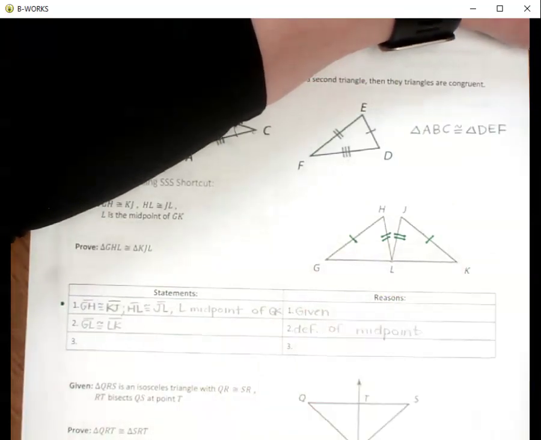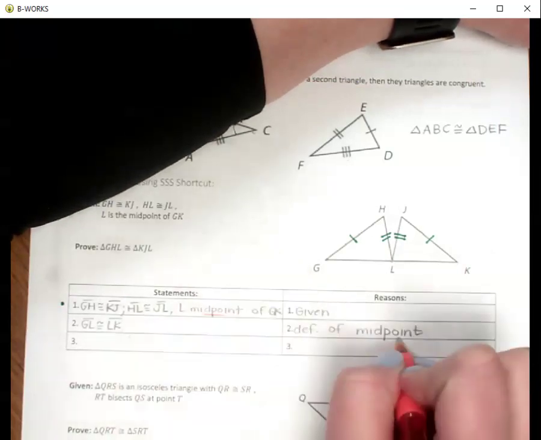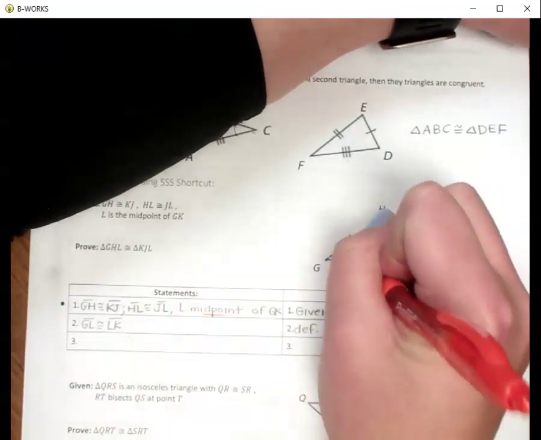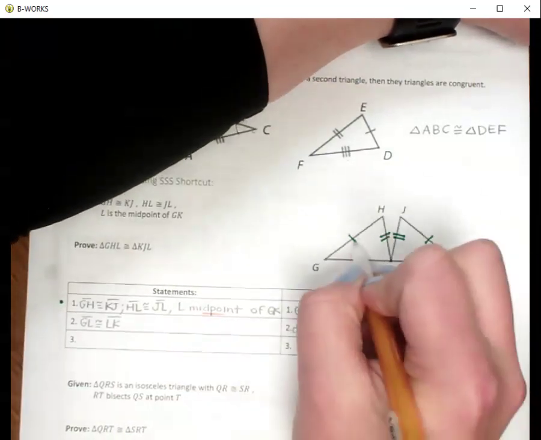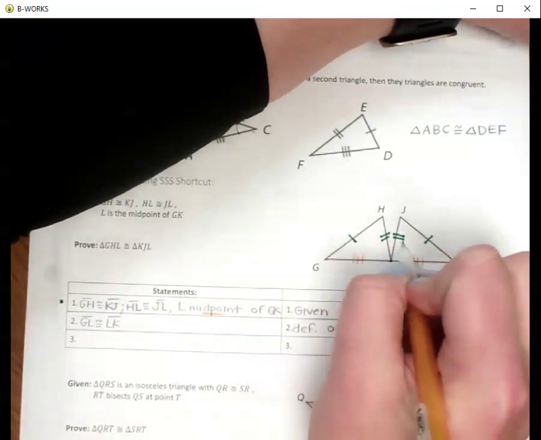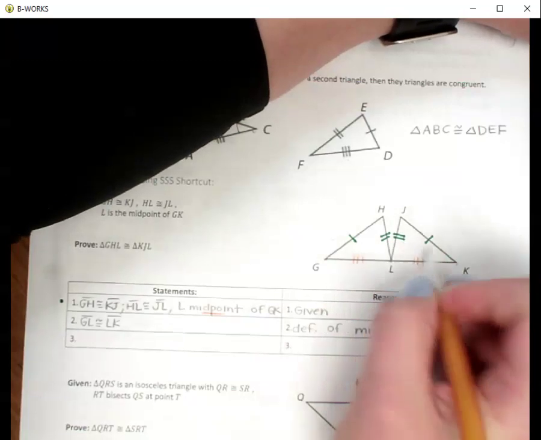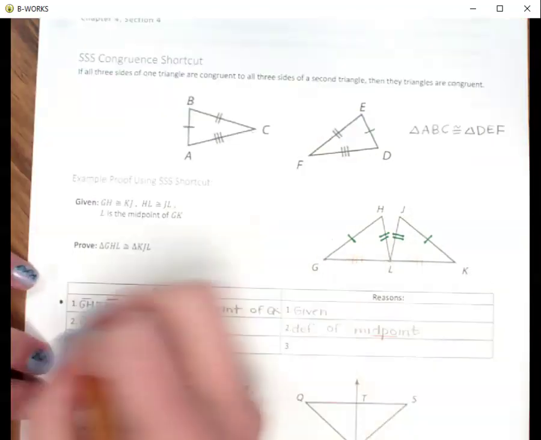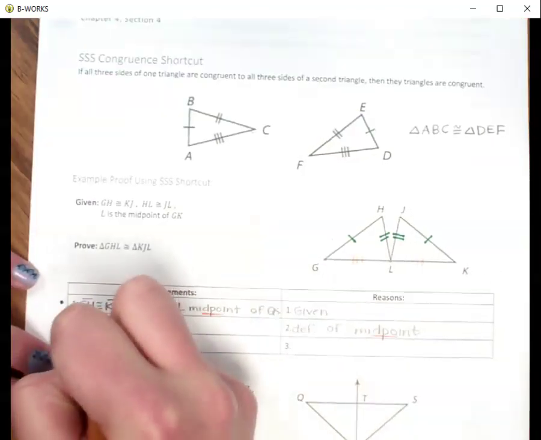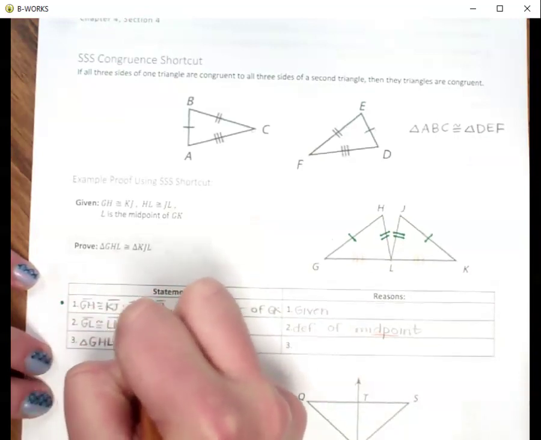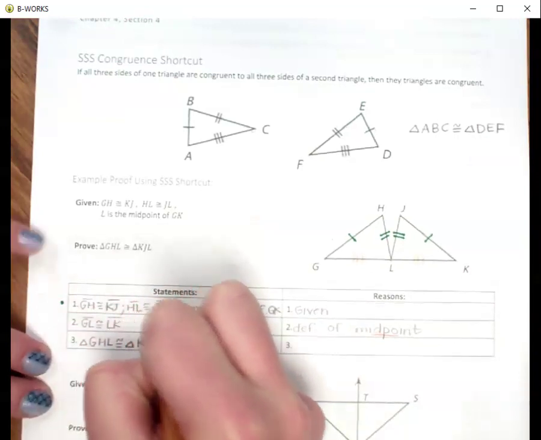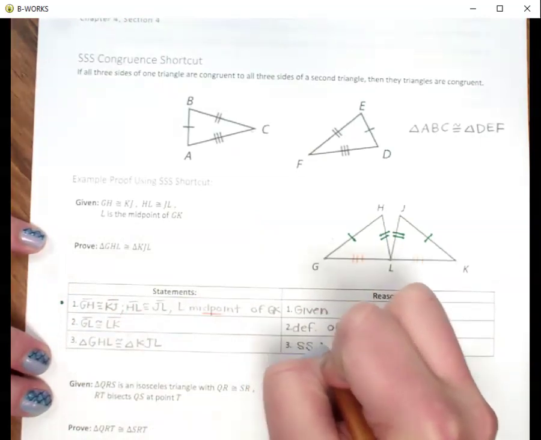Since we had to go one more step, I'm going to mark those in orange. Now I've got three pairs of corresponding sides, so I can say that triangle GHL is congruent to triangle KJL by our side, side, side shortcut.